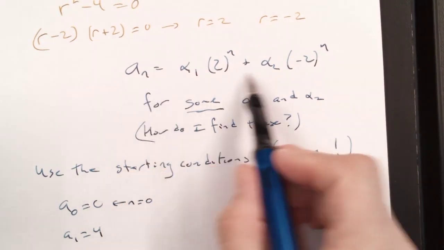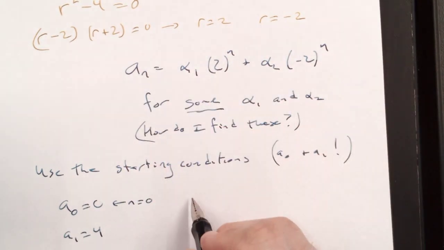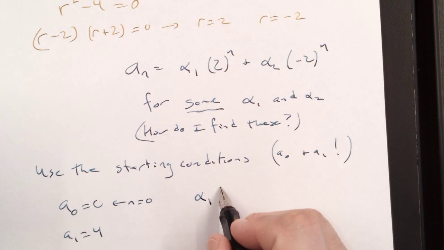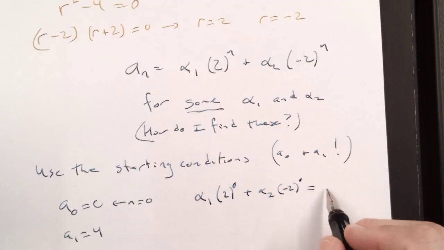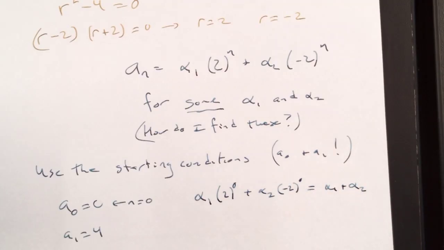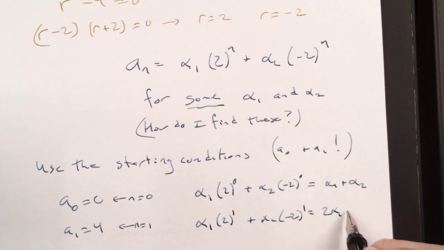What happens when you put 0 into this equation? Because anything raised to the 0 power is 1. What happens when you put in n equals 1? Alpha 1, 2 to the 1, plus alpha 2, negative 2 to the 1, gives me 2 alpha 1 minus 2 alpha 2.